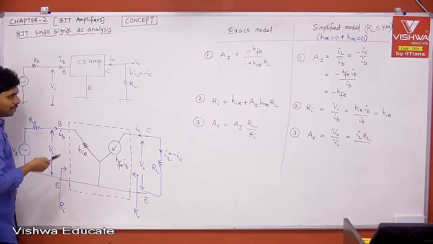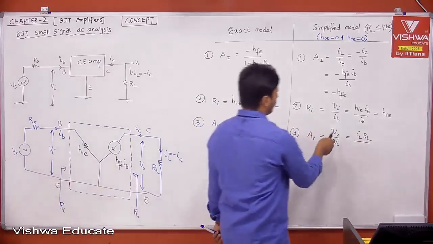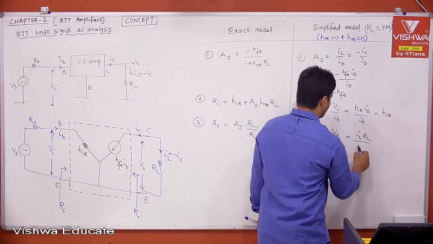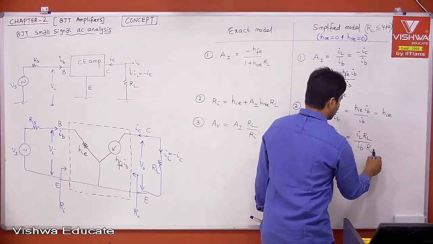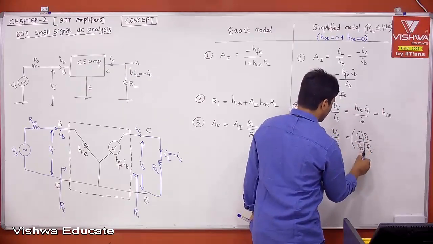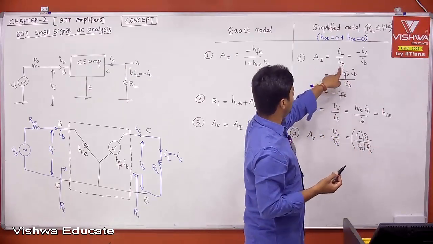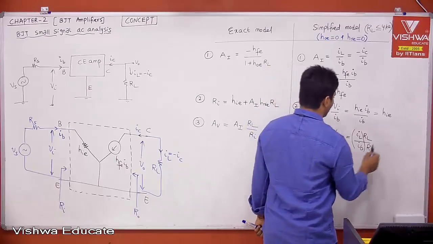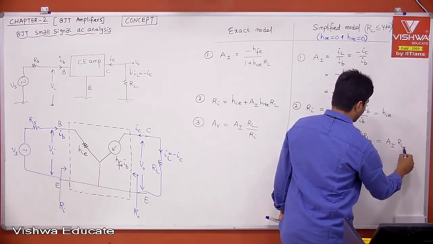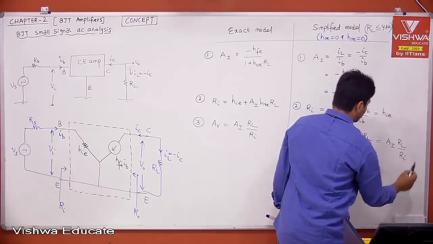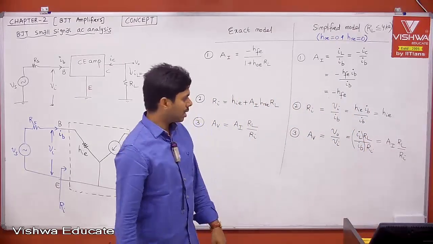Ri is Vi divided by Ib. Therefore, Vi is nothing but Ib into Ri. Therefore, IL divided by Ib is nothing but AI. I think we got the same formula, which is AI into RL divided by Ri. This is what we got, right?